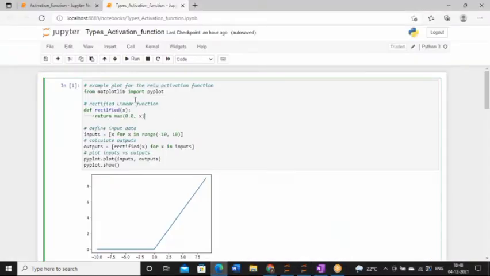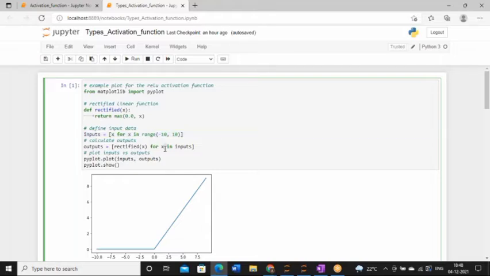Here what we have done: this is pyplot, which is imported from matplotlib, and here I have designed one function known as the rectified function, and the max of 0.0 comma x is returned. Then I have designed the inputs, an arbitrary range, minus 10 to 10. You can take any range according to your problem formulation.